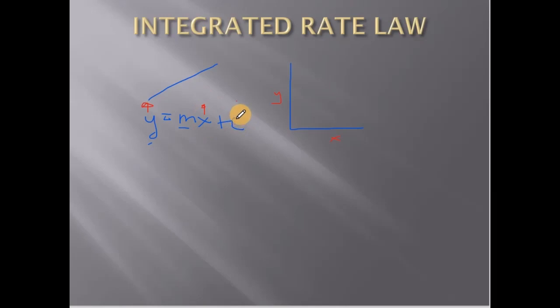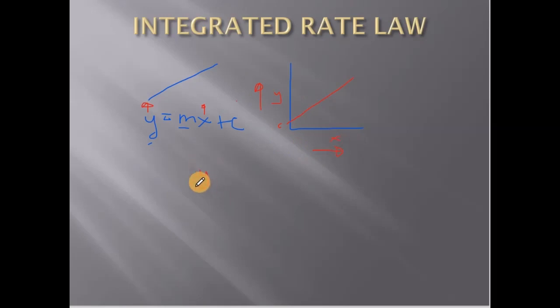The c is the intercept on the y-axis. So if you want to just draw this curve, it will go in this direction, where the point this line cuts the y-axis is the c. So as you increase the y quantity, the x quantity also will increase.